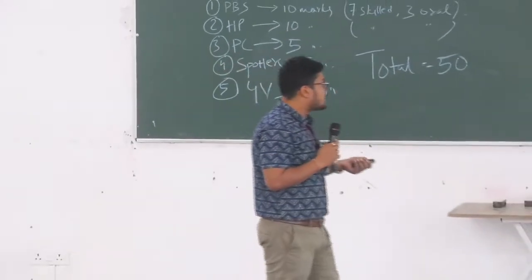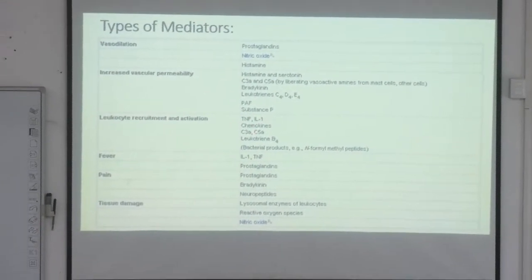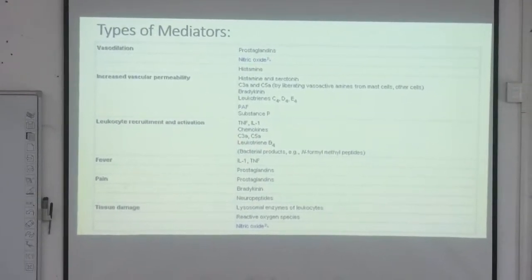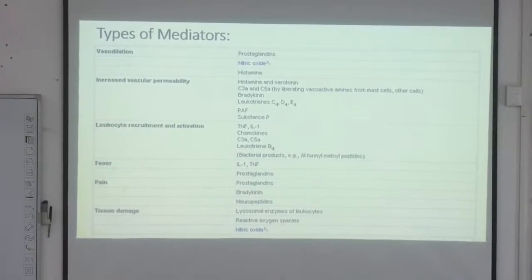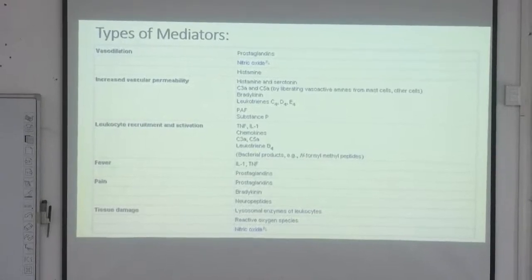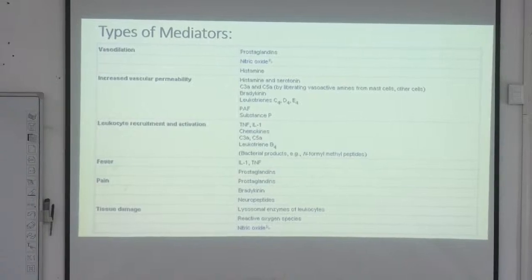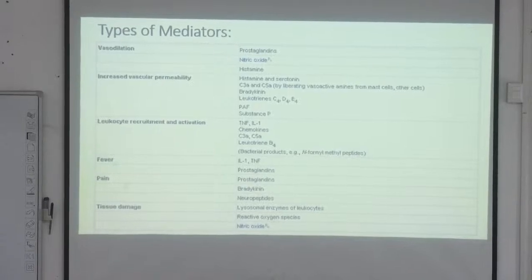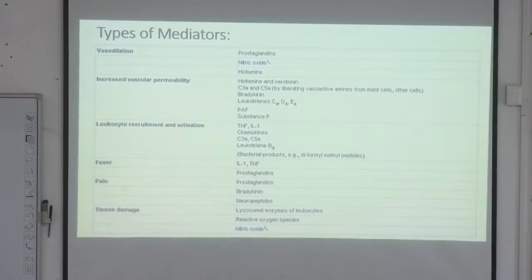Next, leukocyte recruitment and activation are attributed to the mediators TNF, interleukin 1, chemokines, C3a, C5a, leukotriene B4, etc. This includes the rolling of leukocytes along the endothelial cell, recruitment to the site of injury, and then transmigration from the vessel wall to the extracellular space with the help of various ligands.